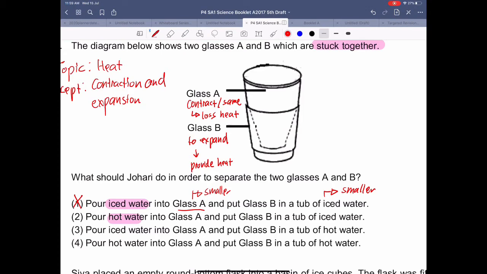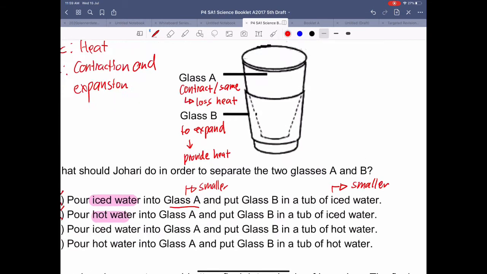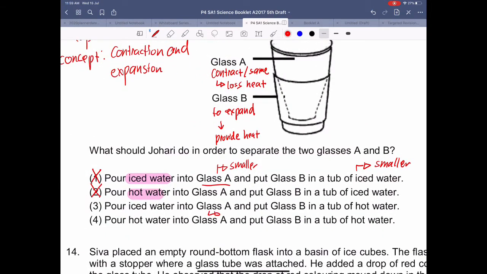Two, pour hot water into glass A. Then my glass A will expand or contract? Expand, right? Which is not what I want. So straight away, wrong. Three, pour ice water in glass A and put glass B in a tub of hot water. Oh, sounds good, right? So in this case, my glass A will contract and my glass B will expand. Okay, this is correct.